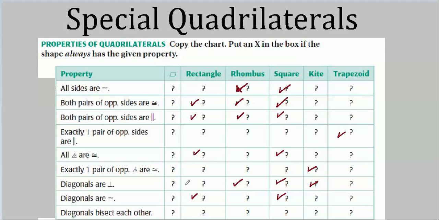And diagonals bisect each other. Well, let's see here. That works for a rectangle. It works for a rhombus. And if it's true for a rhombus, it must be true for a square.